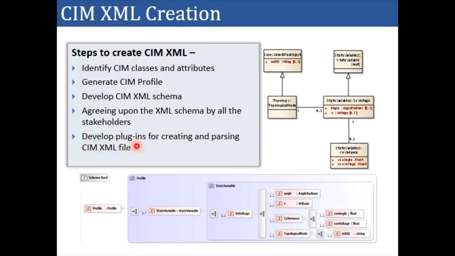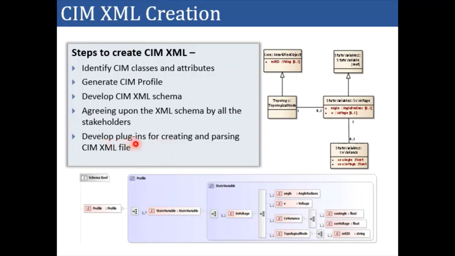Then the applications which are not SIM compliant need to develop plugins, that is, small software applications which can convert the standard SIM data into the proprietary local data which is consumed by the individual applications.